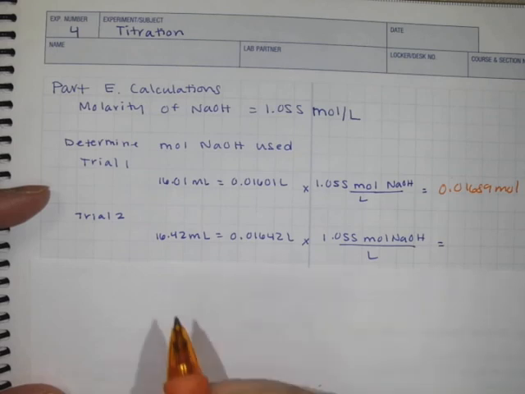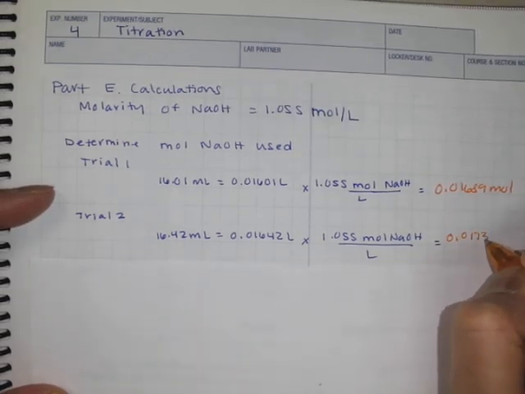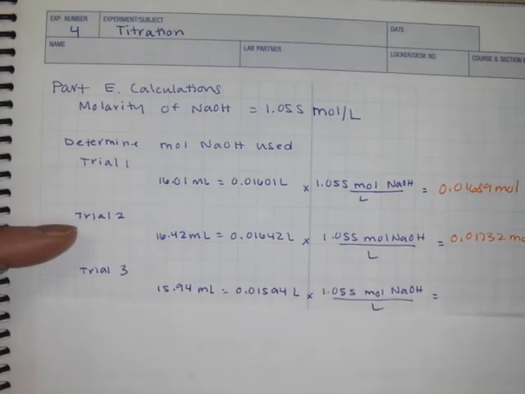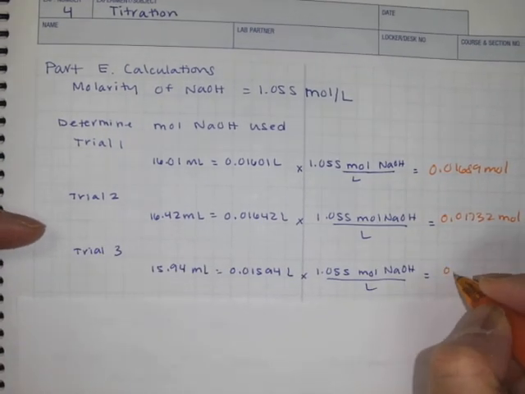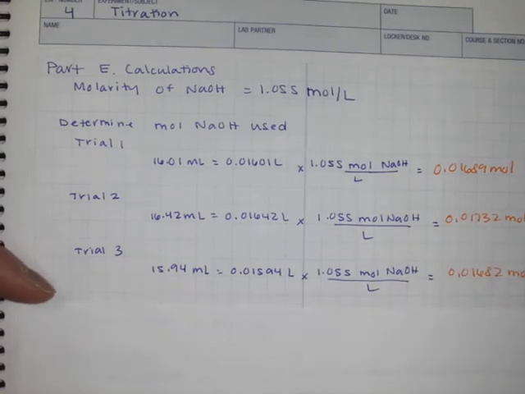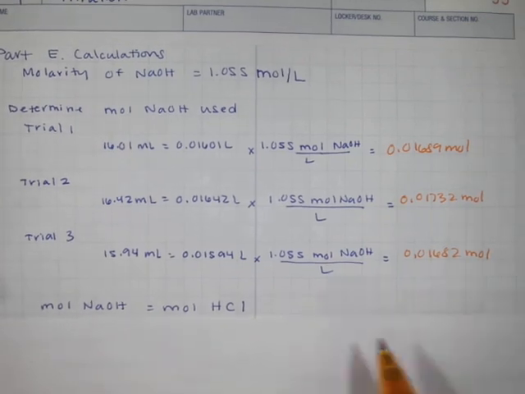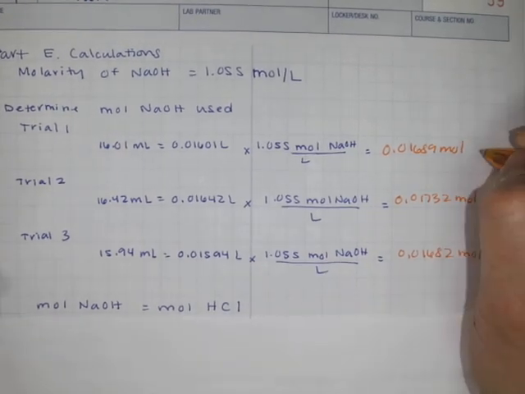For trial 2, I used 16.42 mL, so that ends up being 0.01732 moles. Trial 3 was 0.01682 moles of NaOH. The moles of NaOH equals moles of HCl, so this is equal to the moles of HCl as well.